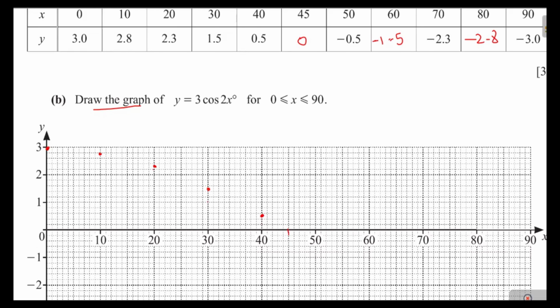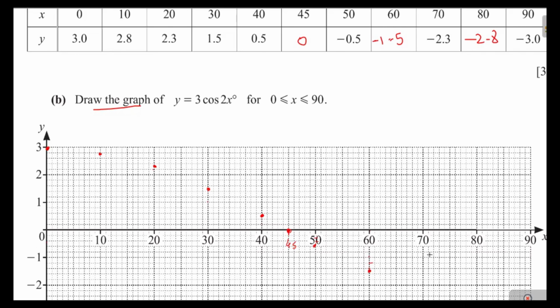Now you see here this is 45, y is 0. Next is 50, y is minus 0.5. Next is 60 to minus 1.5, this is 60 and this is the middle value between minus 1 and minus 2, minus 1.2, minus 1.4 and this value is minus 1.5.